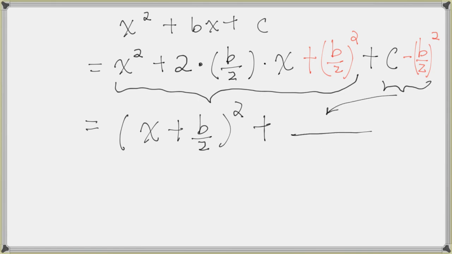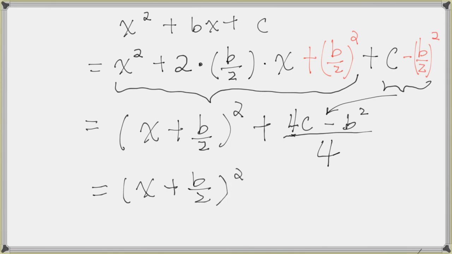It becomes 4 at the bottom, then the top is 4c subtract b squared. Some people write it this way: (x plus b over 2) squared minus a 4, then the top is b squared minus 4c.